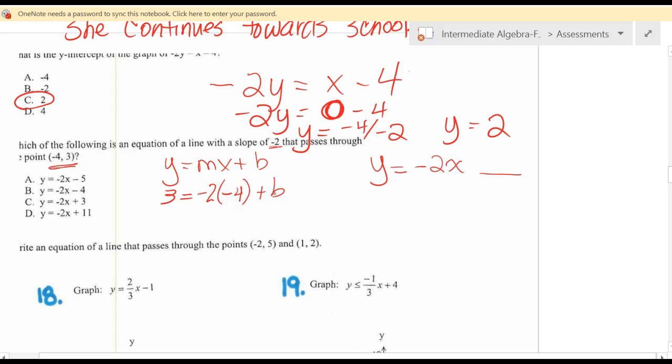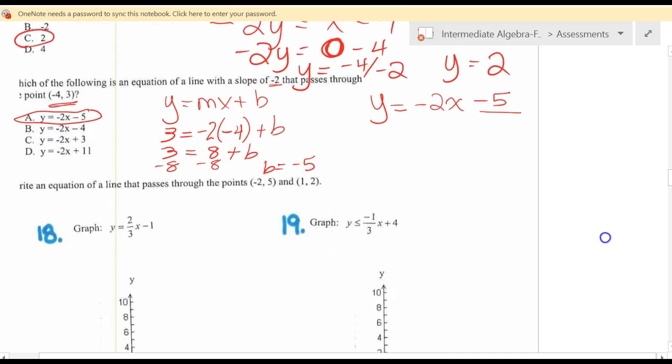At this point, I'm going to find out what my new y-intercept is. So I have 3 = 8 + b. I subtract 8, so b = -5. So now I have my new equation, y = -2x - 5.